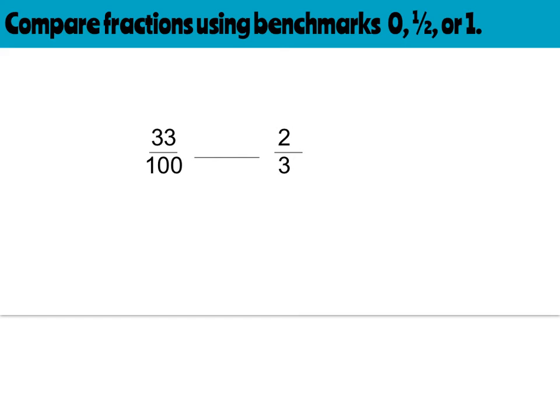Okay, so when I think about these two fractions, when I think about 33 out of 100 pieces, I kind of want to figure out what is half of 100. So if I had 100 units or 100 pieces, what would half of those be?